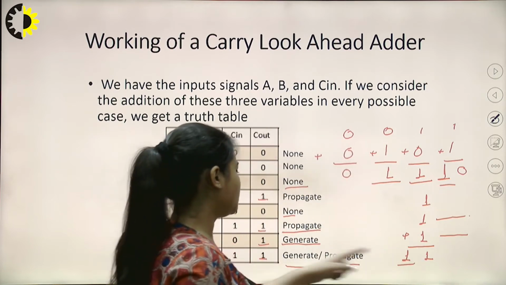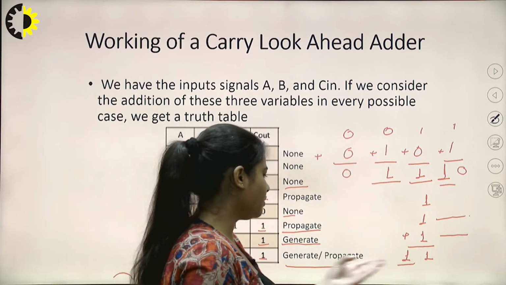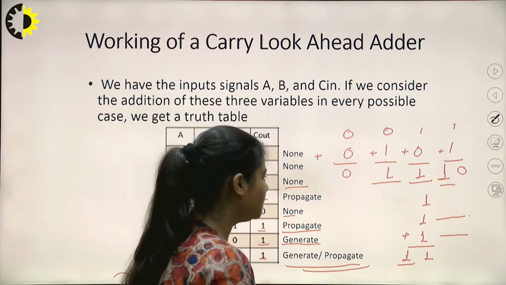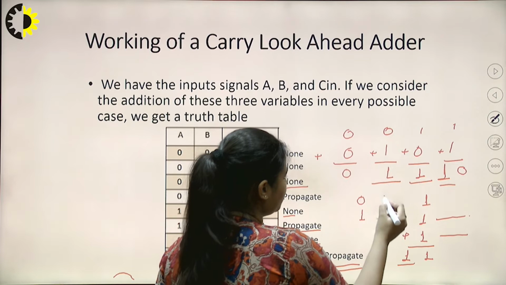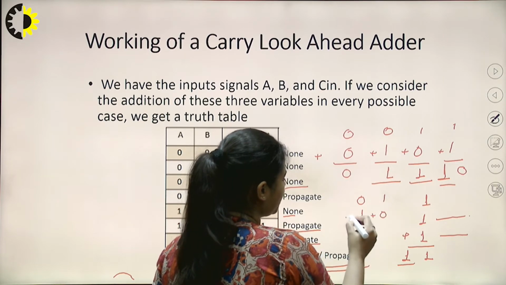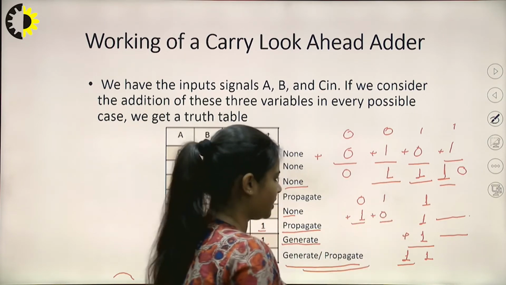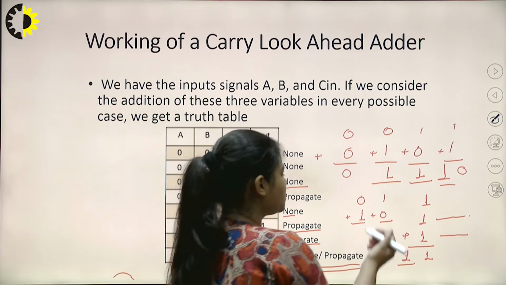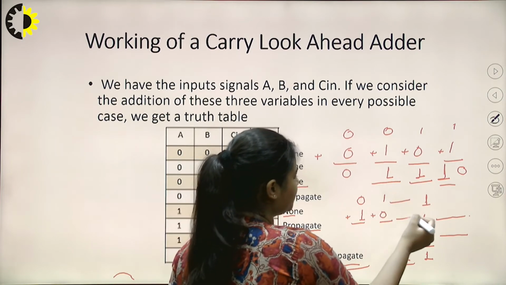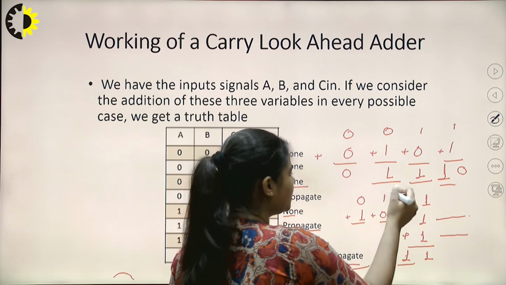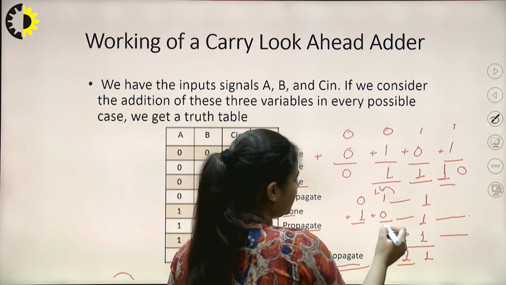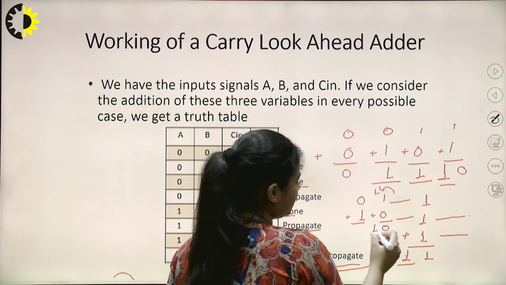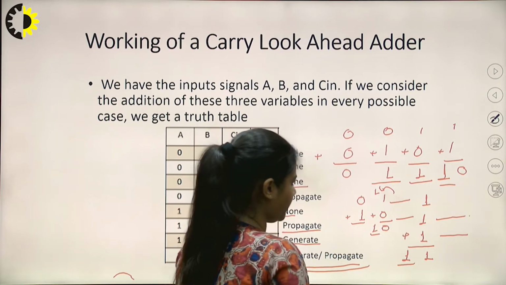We can call this generate or propagate. But in this situation, 0 and 1 or 1 and 0 are not generating any carry. But suppose these numbers have previous numbers which have some carry. Then here it can generate a carry.